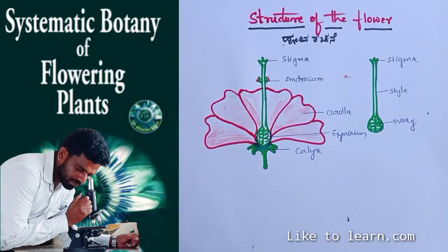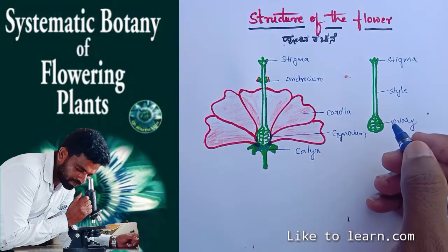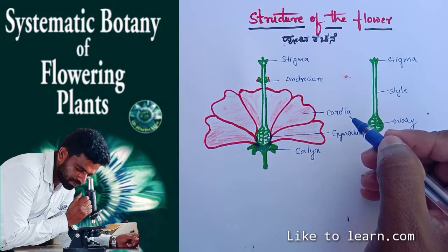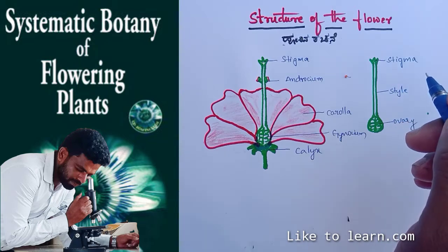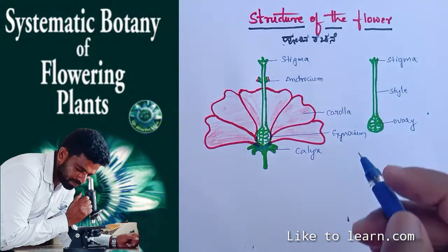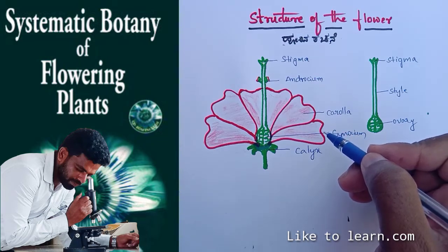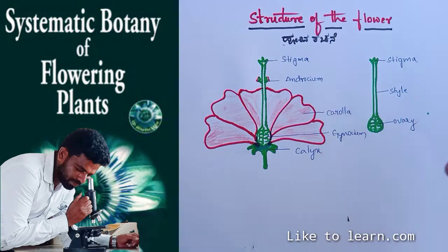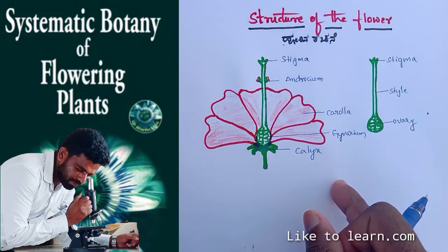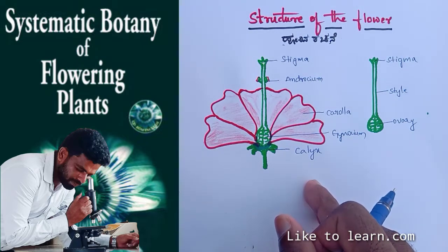That means a bisexual flower. Whenever sexual reproduction occurs in plants, in flowers particularly, you have to observe both male and female gametes.